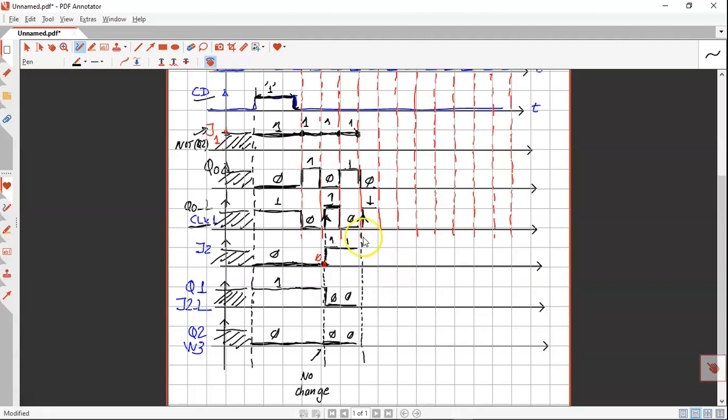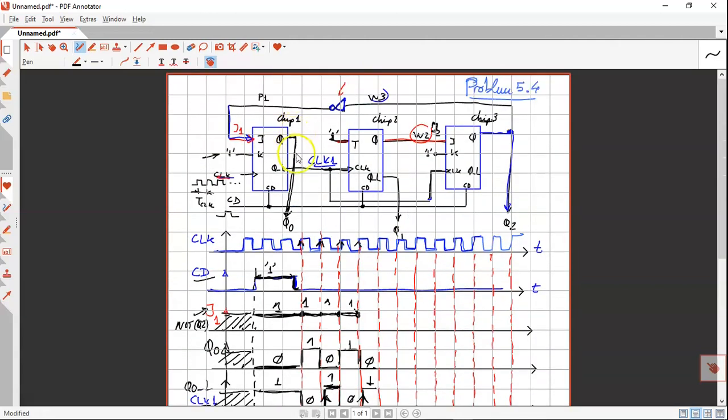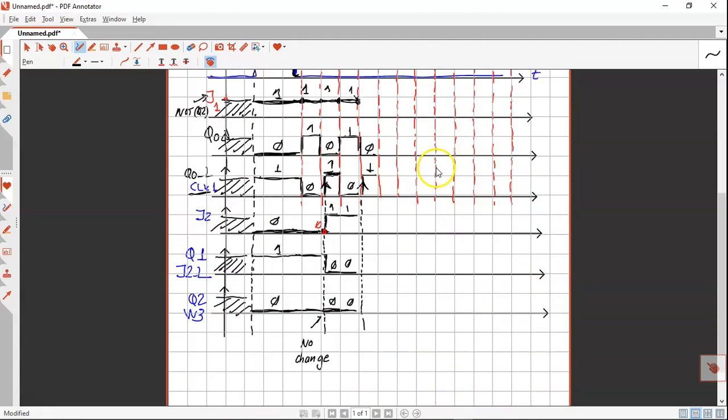Okay, so let's see. Now you have a rising edge. This one is sampled. Well, for the chip 2 you are sampling a 1, so naturally this will switch the J2 now, which is the Q. The J2 is going to switch here specifically to become a 0.